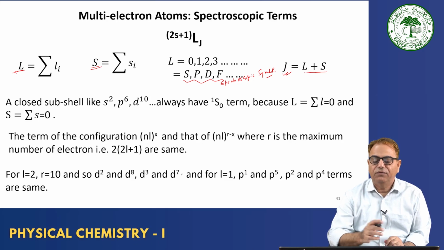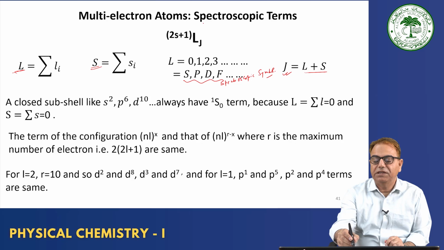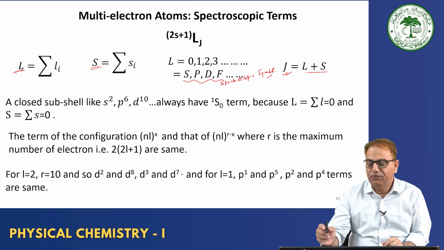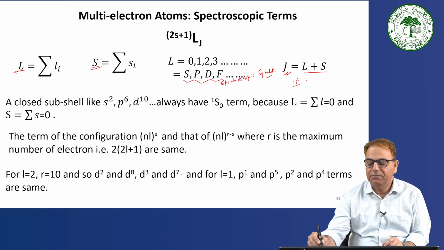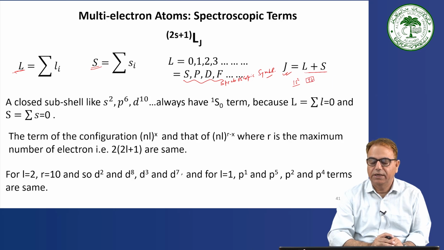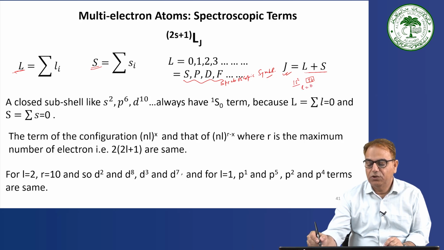Okay. Now, before we find the spectroscopic term, let me tell you about closed shell like structures. If you have the 1s2 configuration, which will be the helium atom ground state, it can accommodate only 2 electrons. If it can accommodate only 2 electrons, then what is the L? A small l for s is 0.